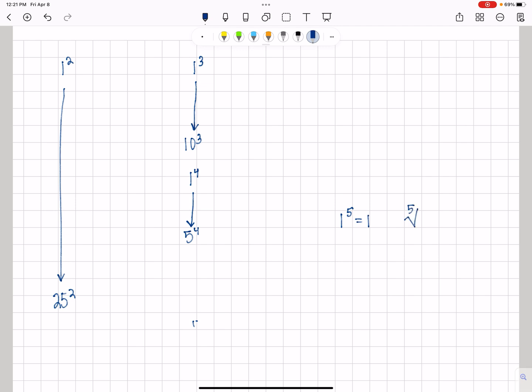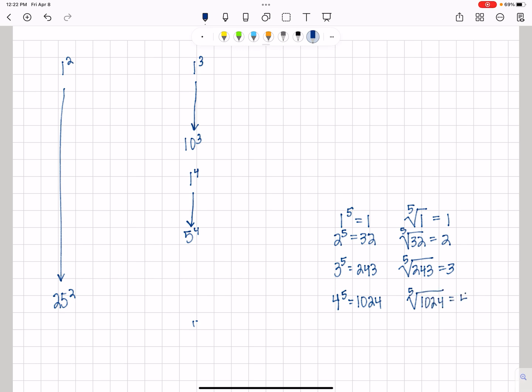That means that the fifth root of 1 is 1. 2 to the fifth is 32. That means the fifth root of 32 is 2. 3 to the fifth is 243. That means the fifth root of 243 is 3. 4 to the fifth is 1024. Whoopsie, jumping ahead. 1024. And that means the fifth root of 1024 is 4.